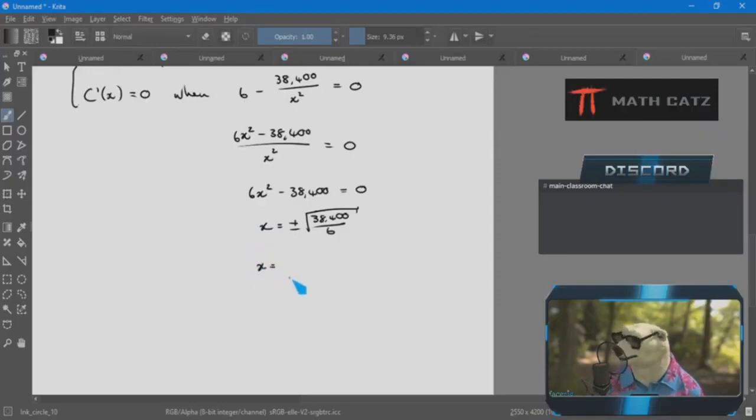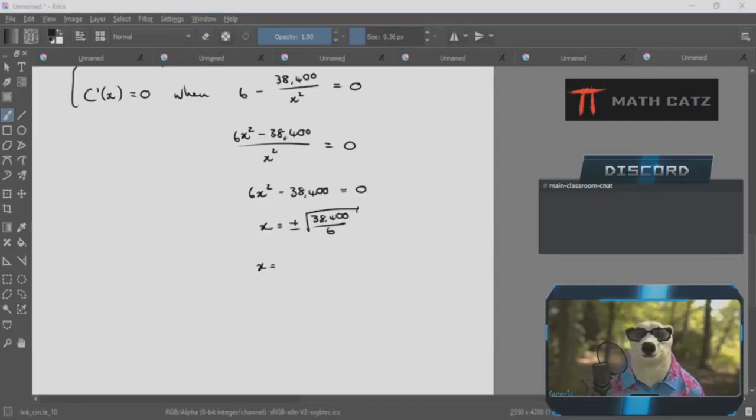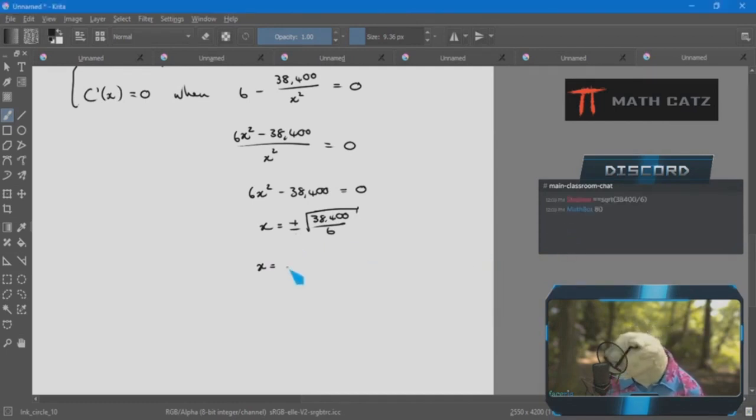So x is going to be, let's see, what is the square root of that? Square root 38,400 divided by 6, close the bracket. Oh, that's nice, 80. Or, I'll just emphasize here, negative 80, and this one is not applicable. So we get this guy, and he's really the only one.